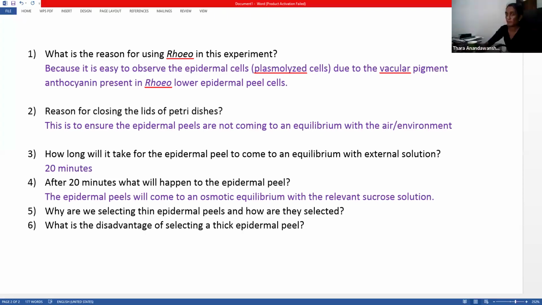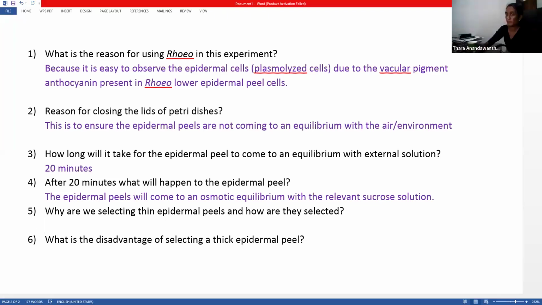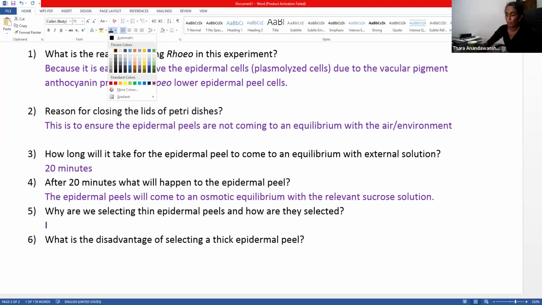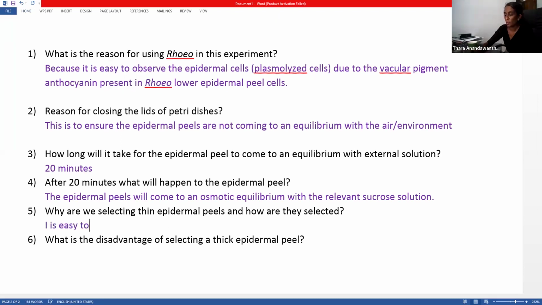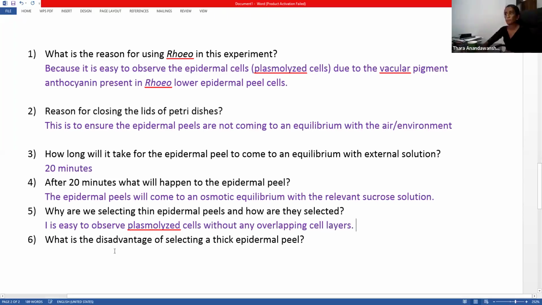As it's thin, there are no overlapping cell layers, so it is easy to observe the plasmolized cells without any overlapping cell layer. Okay.